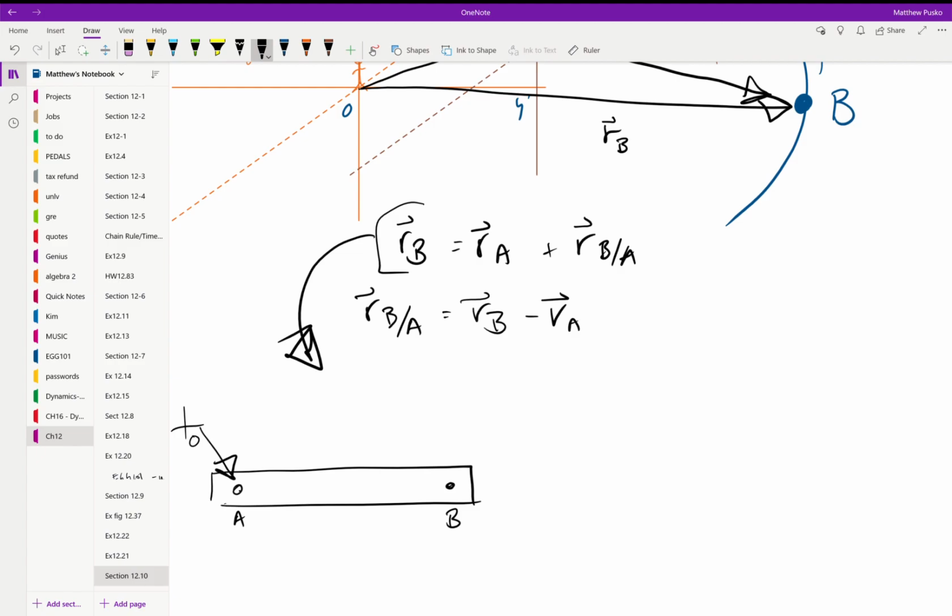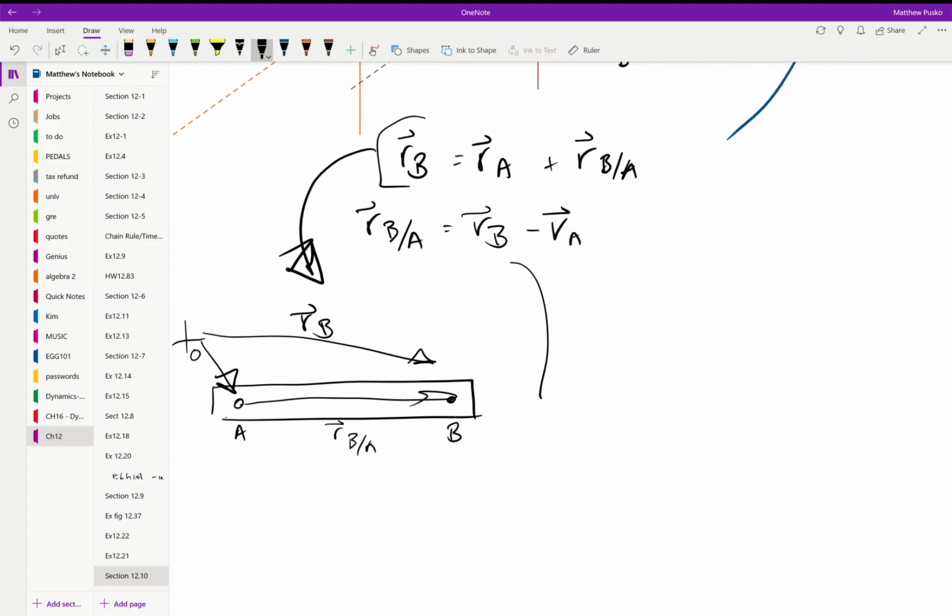If we take that and add the position of B with respect to A, we will get our position of B. And we're going to use that because if we take derivatives of this, we will get that the velocity of B is equal to the velocity of A plus the velocity of B with respect to A, and the acceleration of B is equal to the acceleration of A plus the acceleration of B with respect to A.